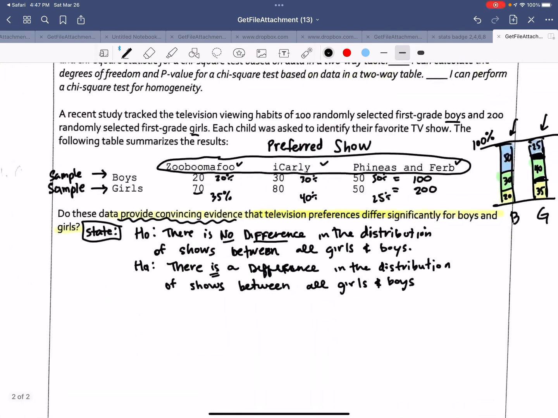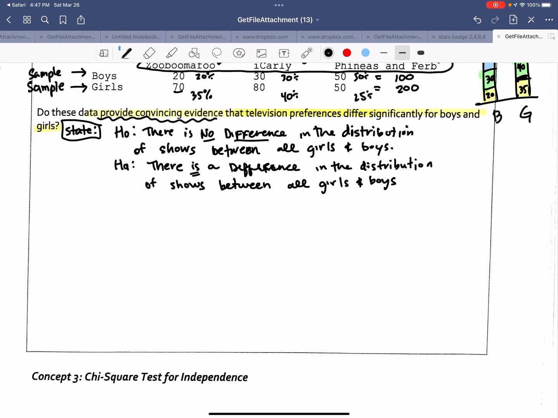So, plan, excuse me. Samples were taken randomly. Expected counts: it looks like we asked a lot of people, so I'm thinking our expected counts are going to be greater than 5. We'll come back and address that.